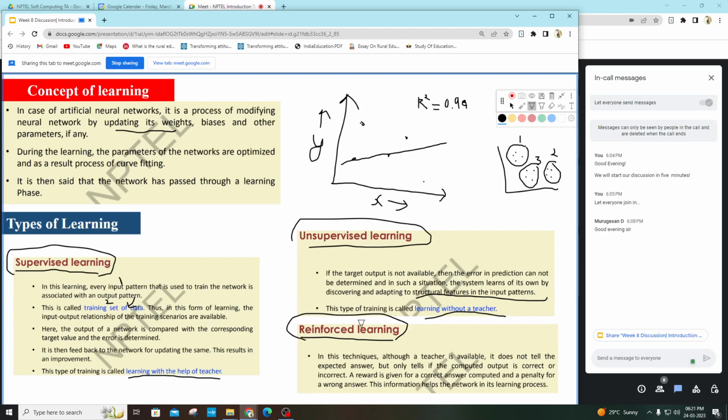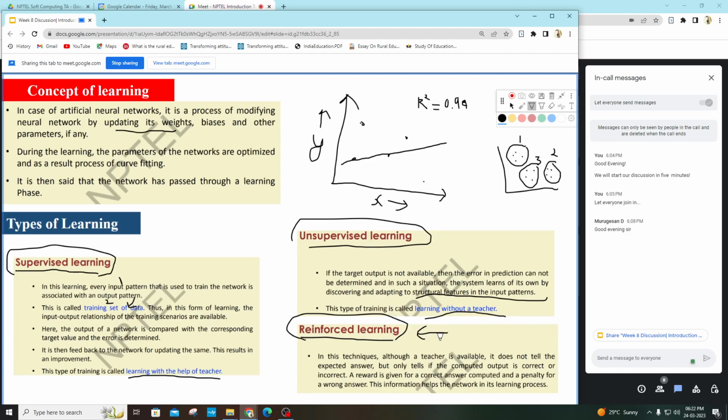But in reinforced learning, we only give the input pattern. The teacher will reward the correct answer. If your answer is correct, the teacher will reward you, and by that you will understand whether it is a right answer or a wrong answer. This is known as reinforced learning.